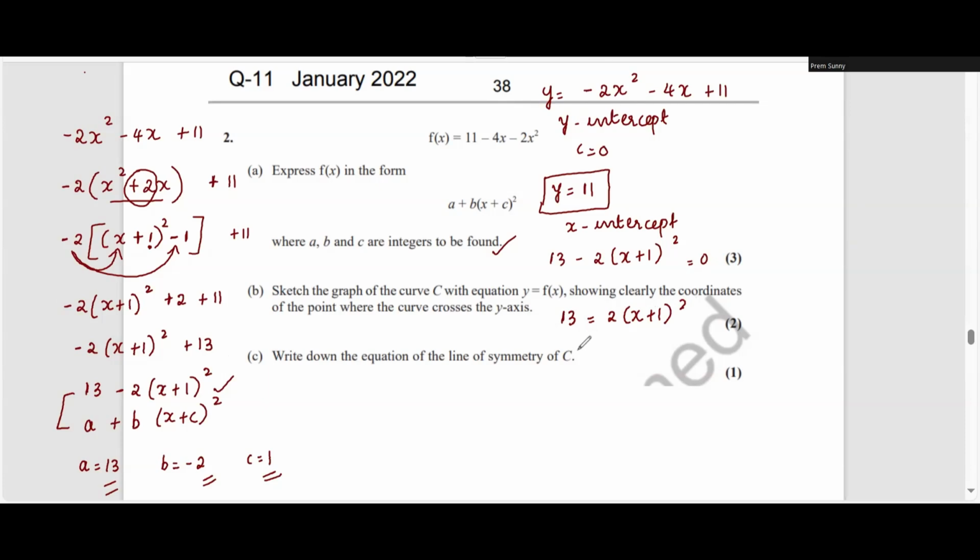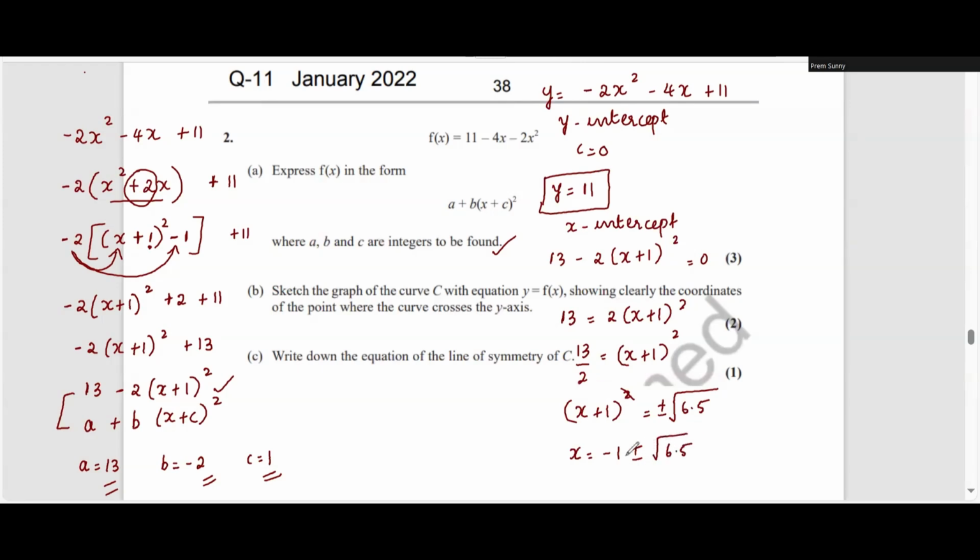Take this 2 to the other side: 13 by 2 equals (x plus 1) the whole squared. 13 divided by 2 is 6.5. So (x plus 1) squared equals 6.5. We cancel the square, but we need to put a square root and a plus or minus sign. So plus 1 goes to the other side, and x equals minus 1 plus or minus the square root of 6.5.